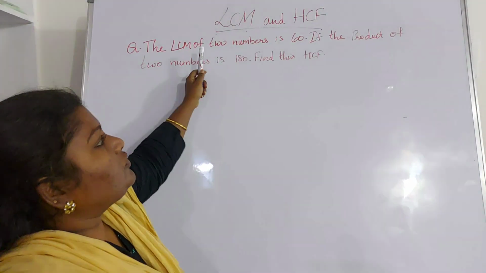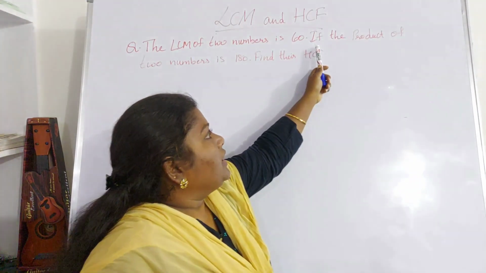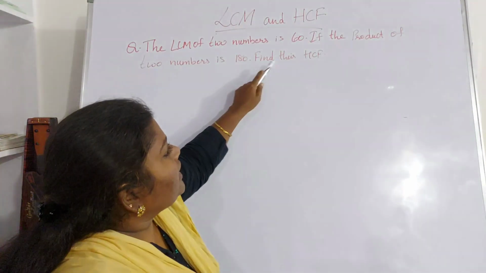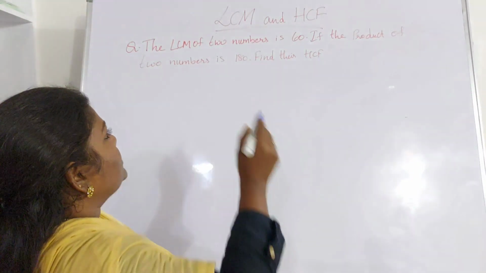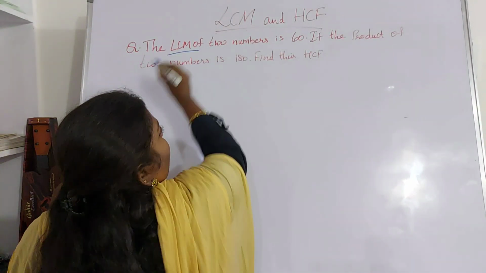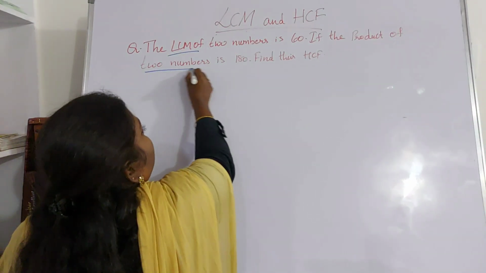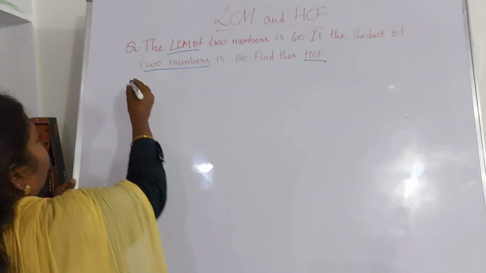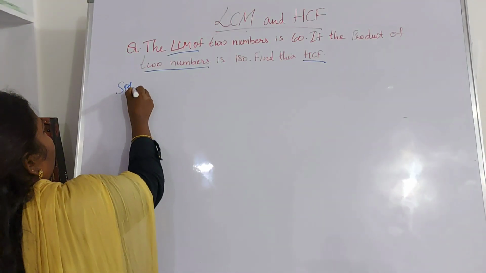The LCM of two numbers is 60. If the product of the two numbers is 180, find their HCF. What is given? LCM is given, the product of two numbers is given, and they are asking you to find the HCF. Let me list out what is given.